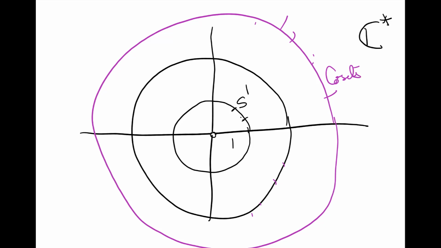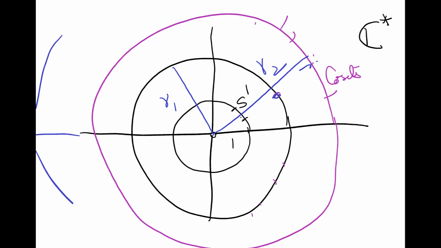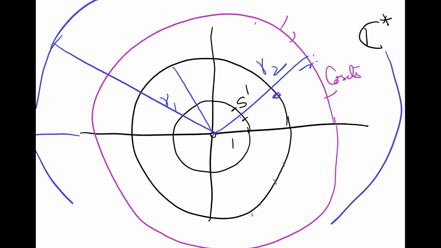And if I multiply this coset with this coset, say this is R1 and this is R2, then it will go on the circle with radius R1 R2. That's how that coset will behave.